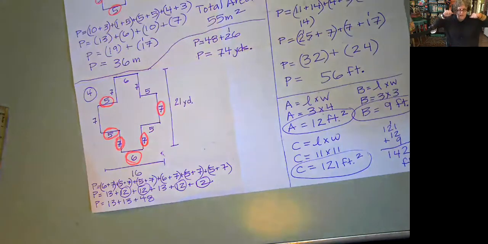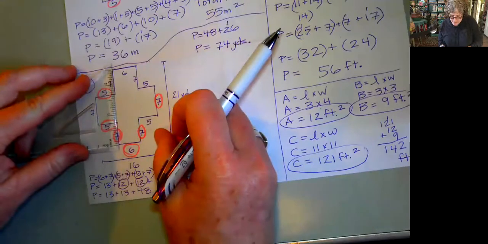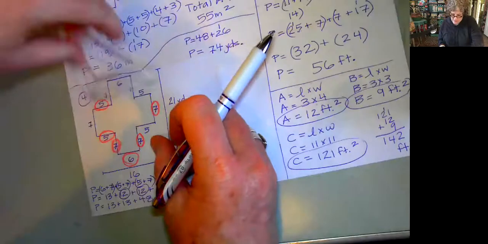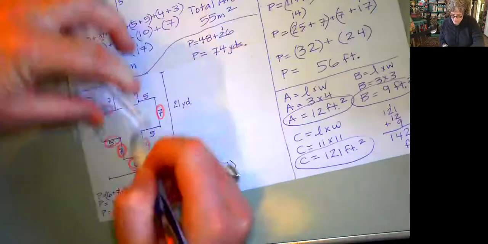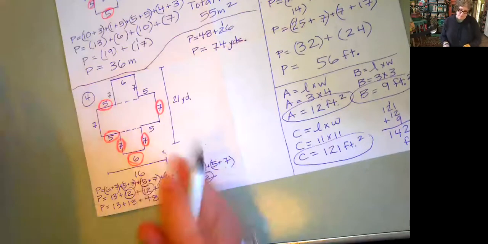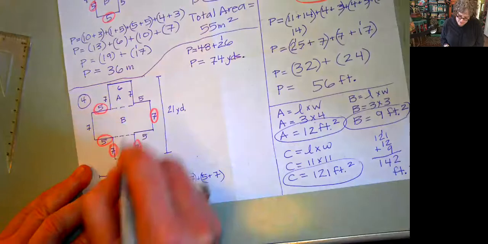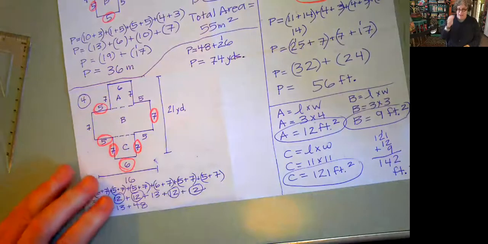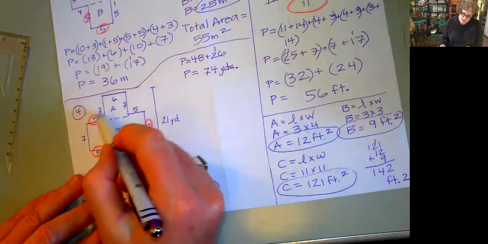Whew. Are you ready to find the area? This is going to be easy, I think. Let's do it this way. So this is going to be A, this is going to be B, and this is going to be C. So I know that 6 times 7.